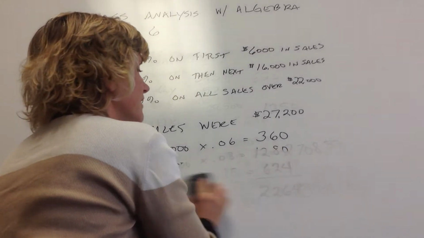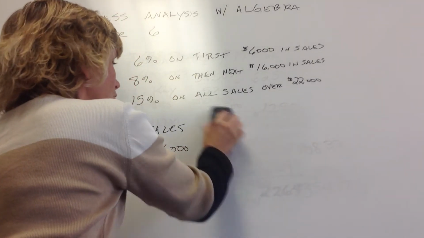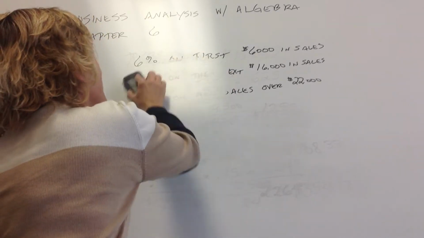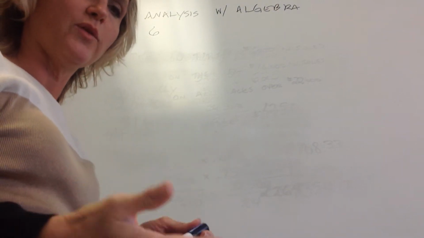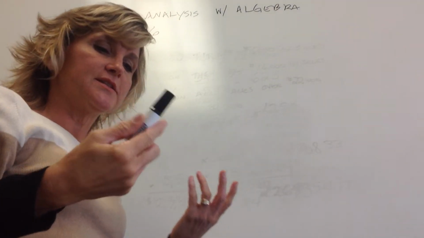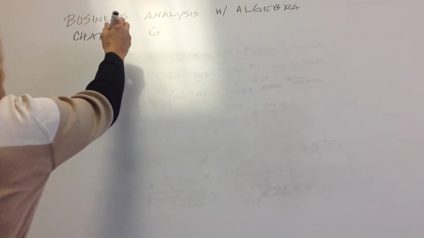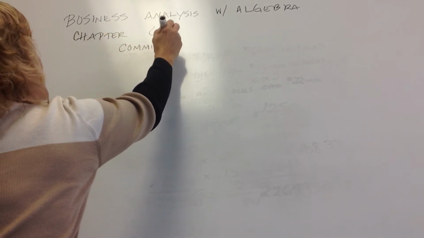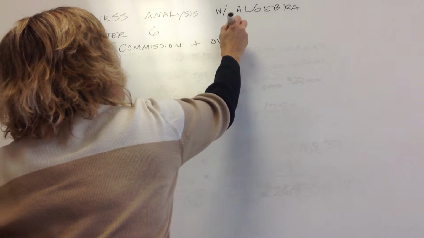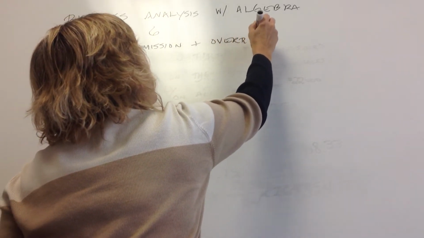All right, then the last concept is more complex, and there's a variety of factors going on in it, but you do have one like this on your test. It's commission plus override, and that normally occurs if you're a sales manager.